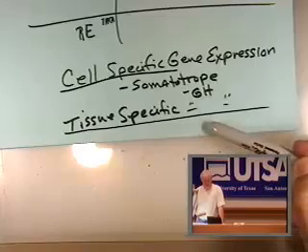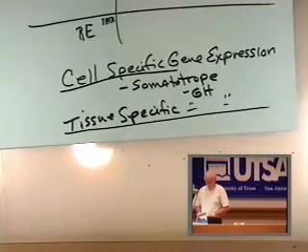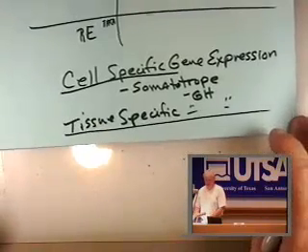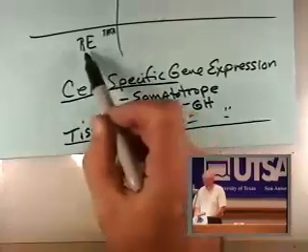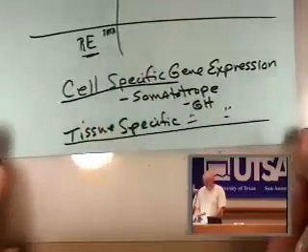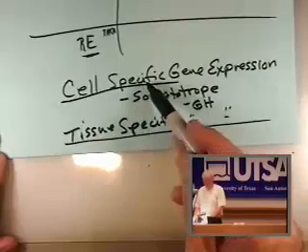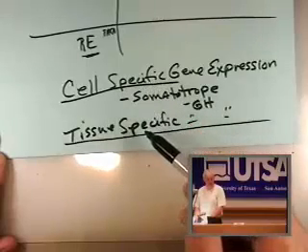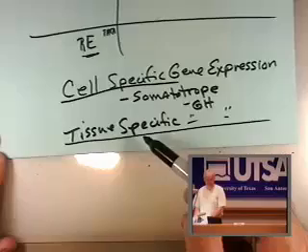Well, that's because there are tissue-specific regulatory elements or response elements. The RE stands for both conveniently, so either regulatory element or response element. These would probably be more for the use of the term regulatory element than response element.